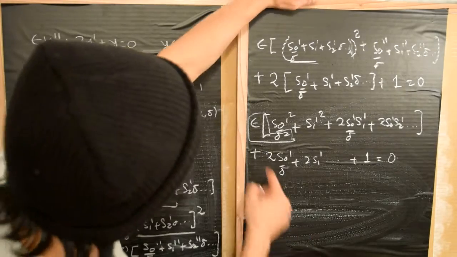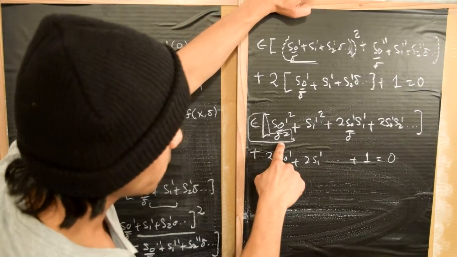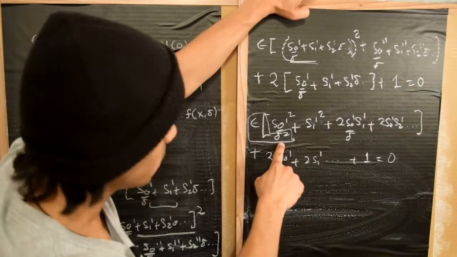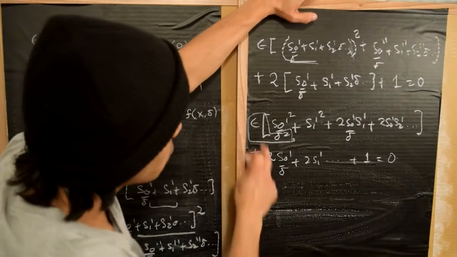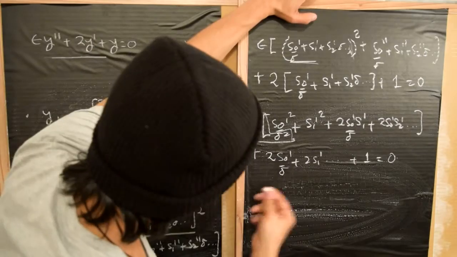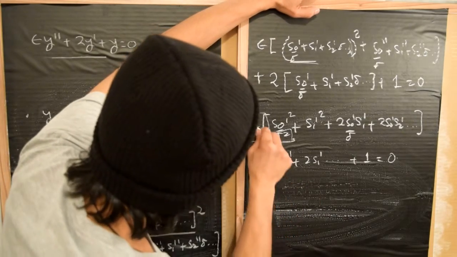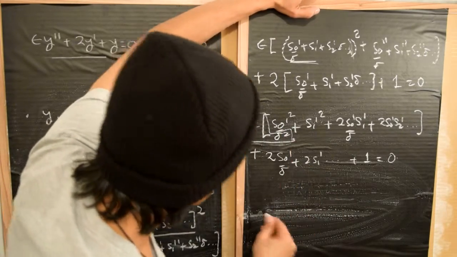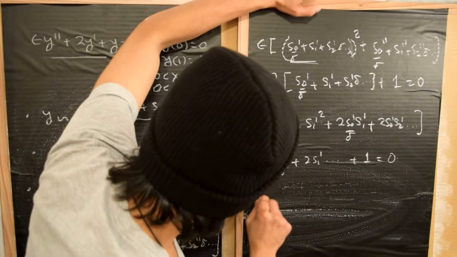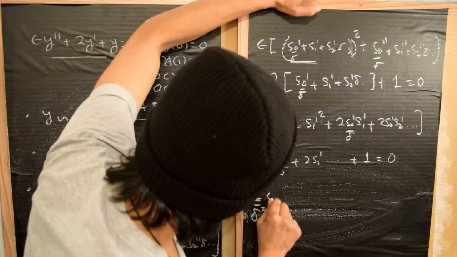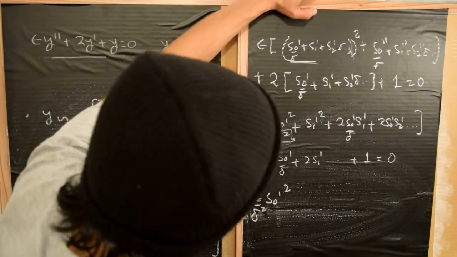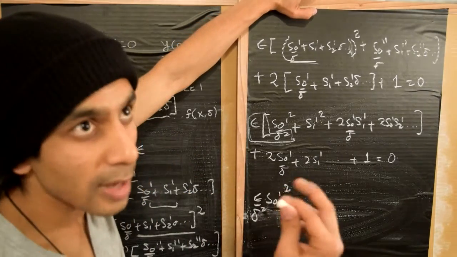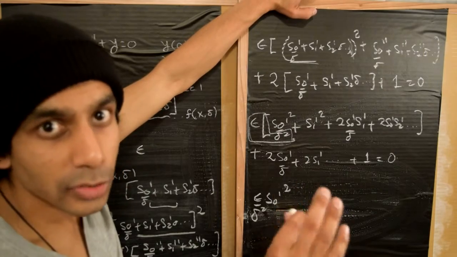So for instance, if delta were to scale as some function of epsilon, then epsilon divided by delta square would typically be a large term. So let's write down terms in that order. We'll have this term which is likely to be large, so we'll write a term epsilon divided by delta square s naught prime square. Let's write this as a first term. Then let's identify other terms where you have 1 divided by something small.